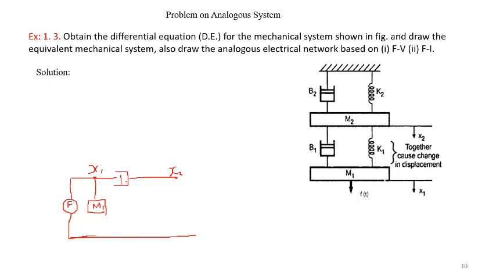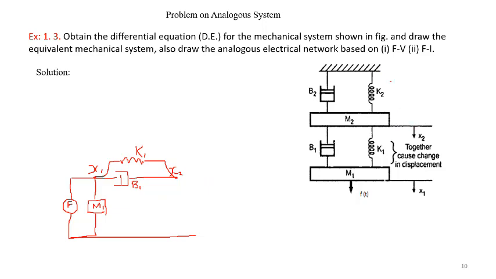This is damper B1, and this is a spring element. This one we write as B1, and this one as K1, and here also we connect.